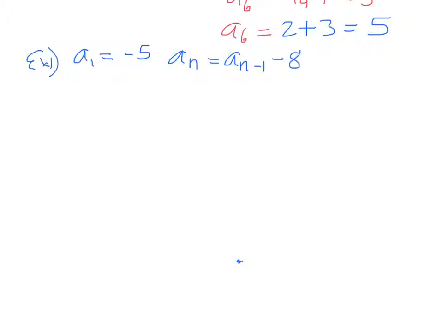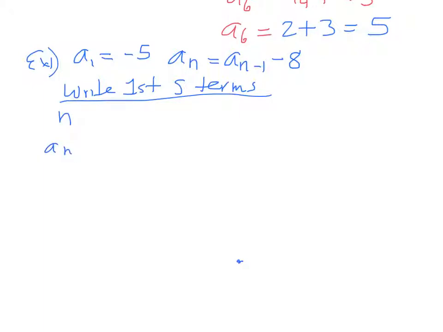Our goal is to write out the first 5 terms in the sequence. So n and a sub n, we have to write out the first 5: the first, the second, the third, the fourth, and the fifth.